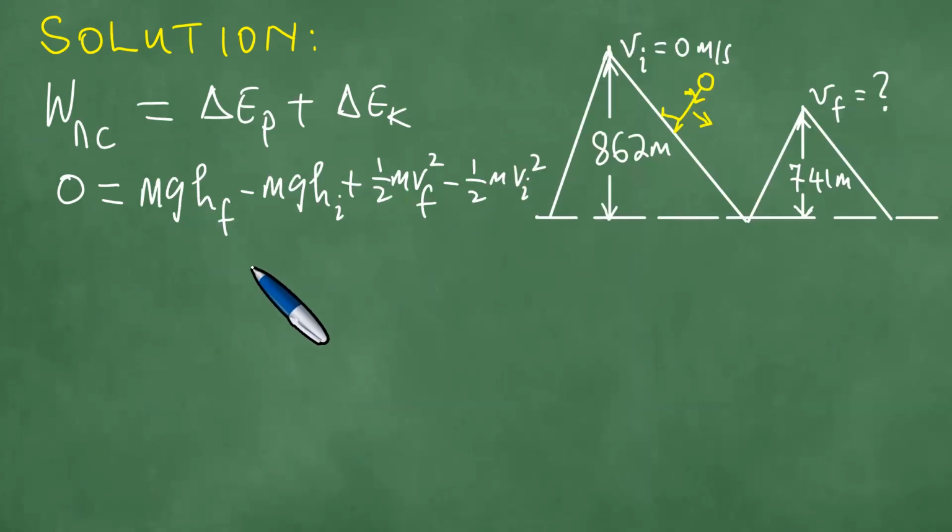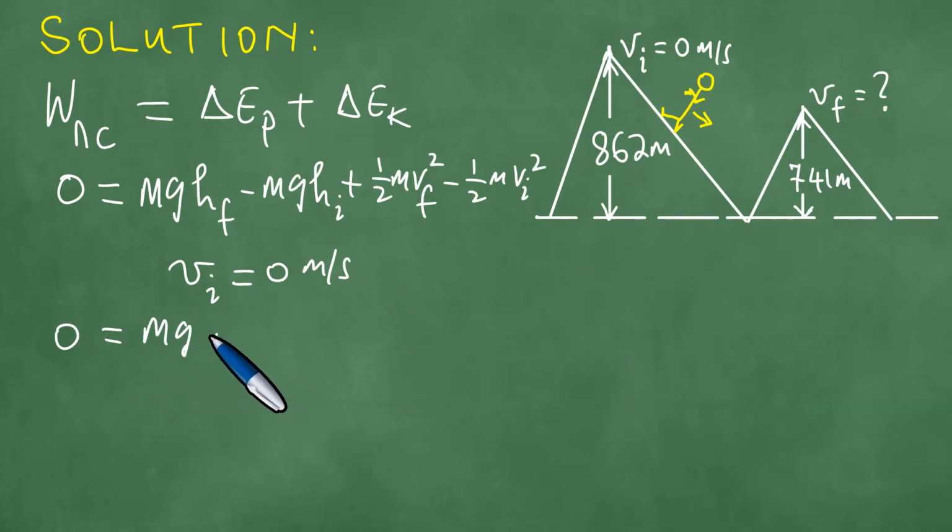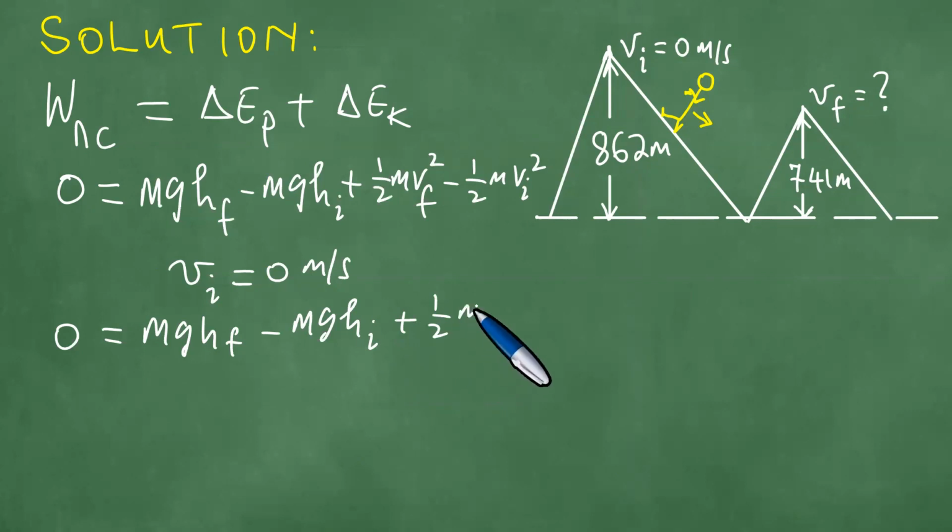So now, because it's from rest, the initial velocity becomes 0 meters per second. And if the initial velocity is 0 meters per second, it means therefore we have mgh final minus mgh initial plus half mvf squared.